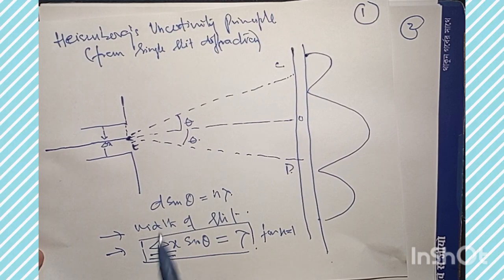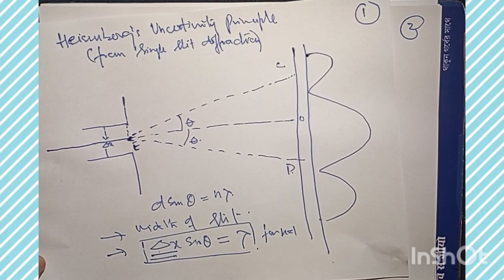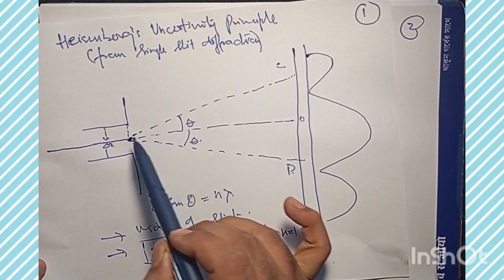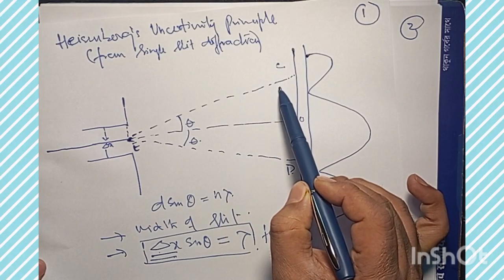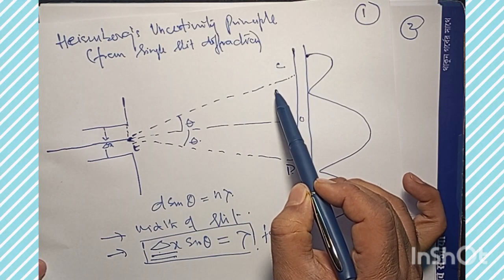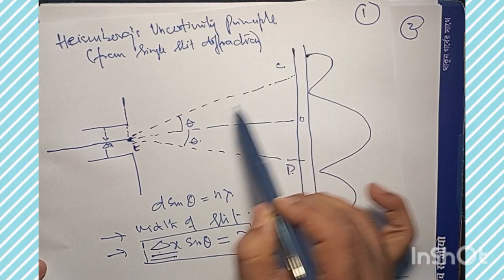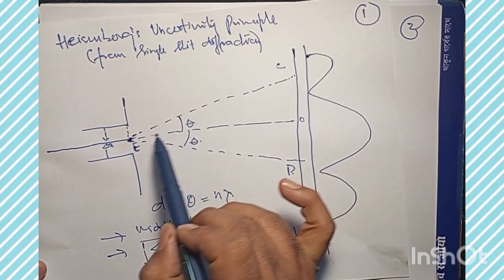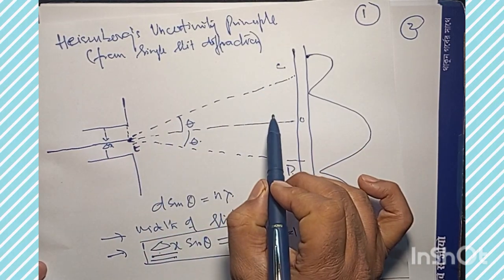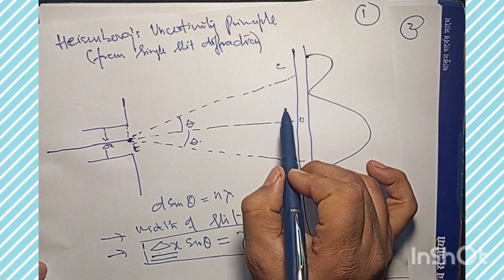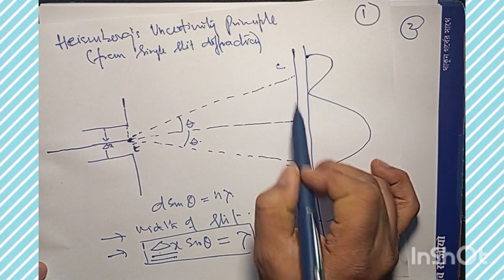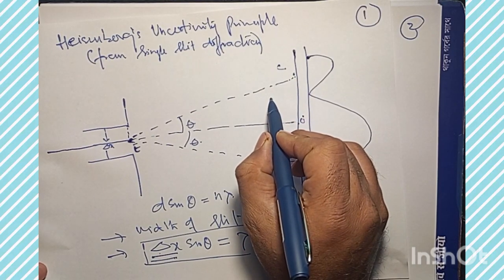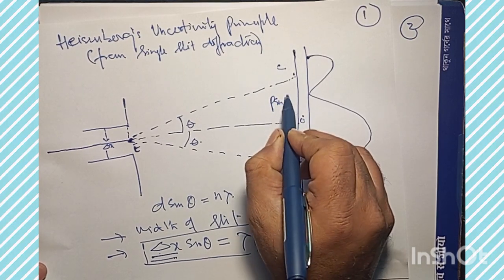Now, talking about the momentum part of this problem. Suppose the electron moves in the direction EC. What do we expect here? After diffraction, the component of the momentum of this electron perpendicular to its initial direction, along this OC, should be p sine theta.